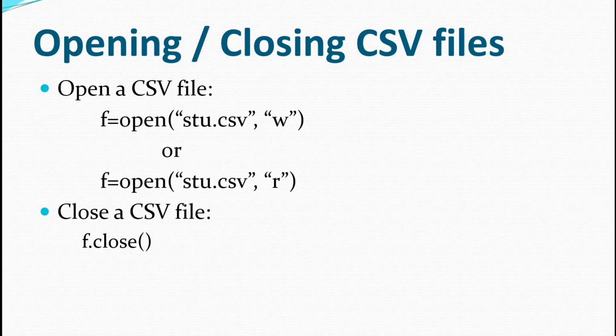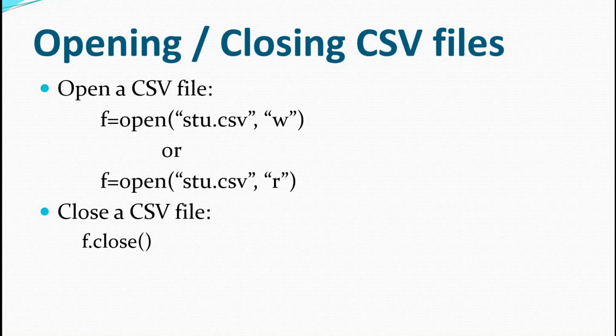You know very well, before working on a CSV file or any kind of file, first you need to open that file, either you want to read or you want to write data in it. So to open a CSV file, we have the open function. f is an object equals open, stu.csv.